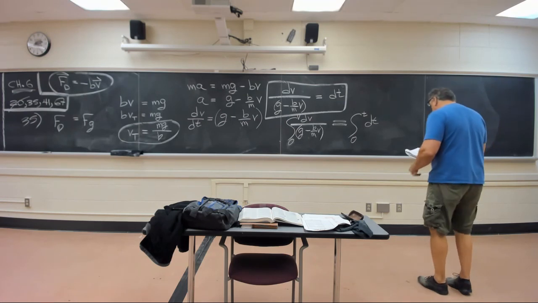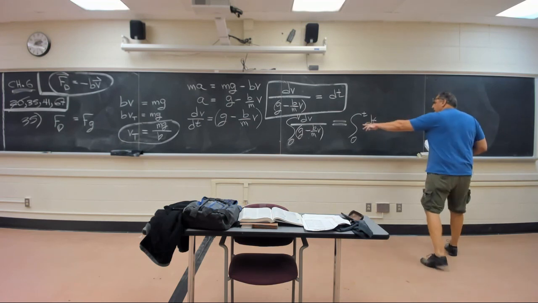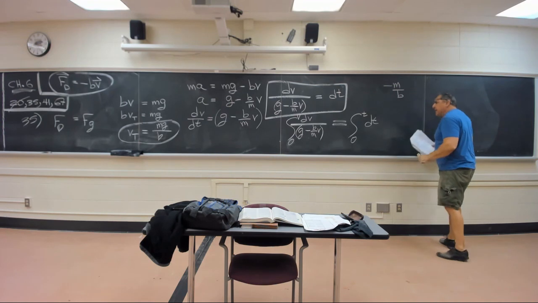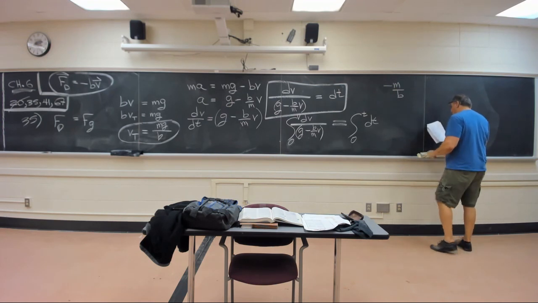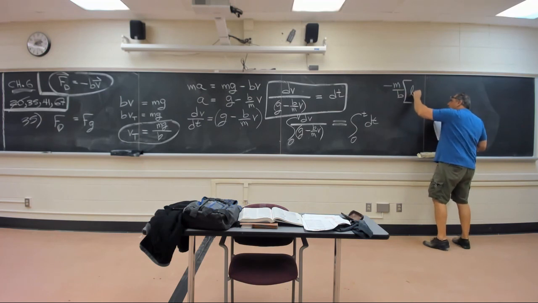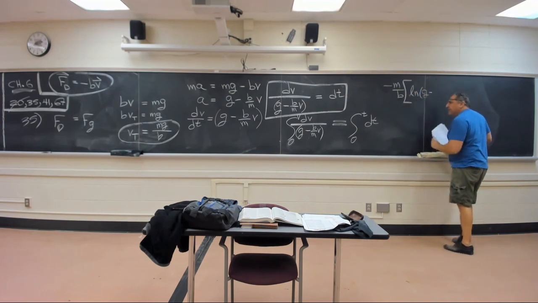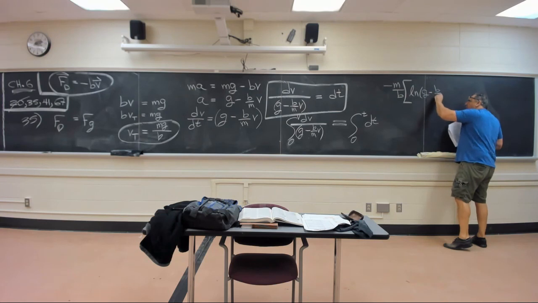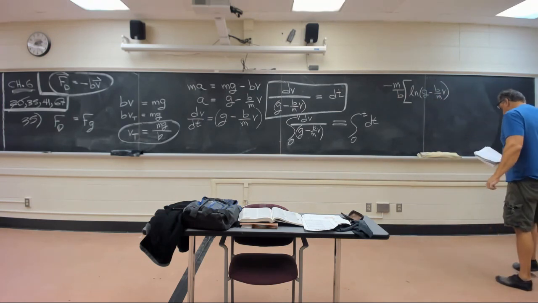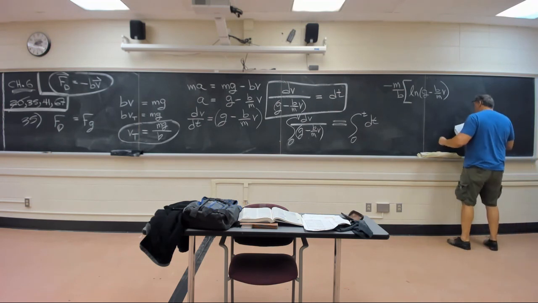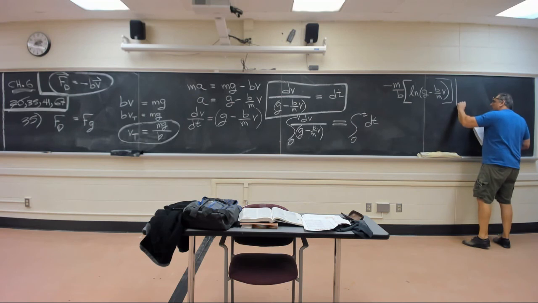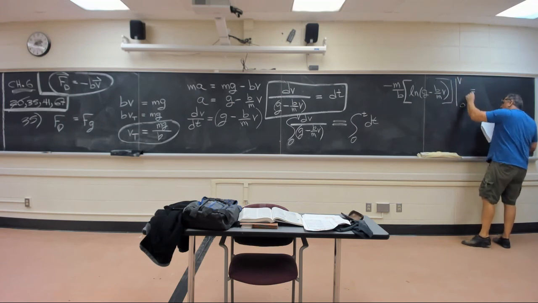You integrate this thing, it's going to be negative m over b when you grind out the integration. Negative m over b times ln of g minus b over m v. And that is going to be evaluated, ladies and gentlemen, from 0 to v.